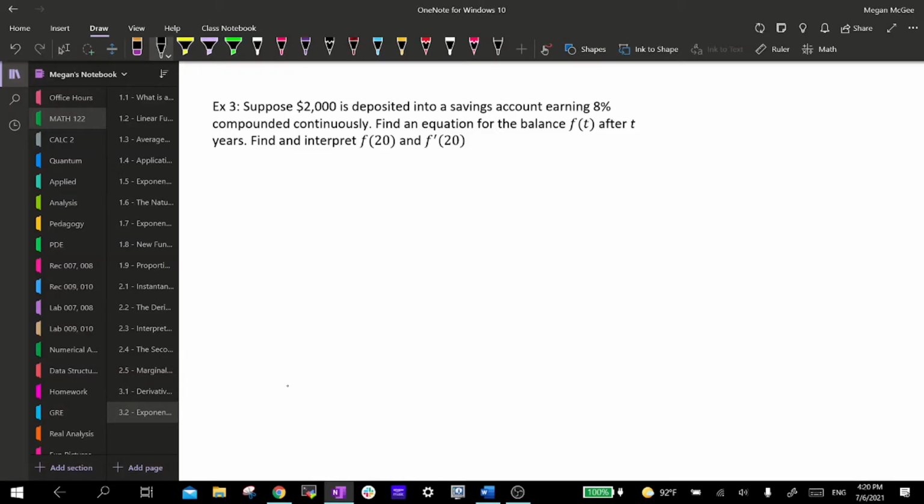Okay, so let's remember that we have two different ways to express an exponential function, right? Two ways to write exponentials.